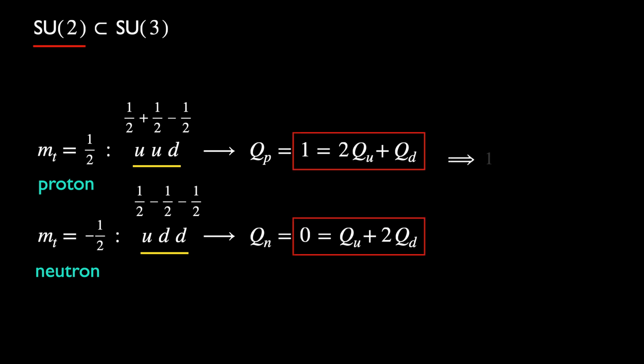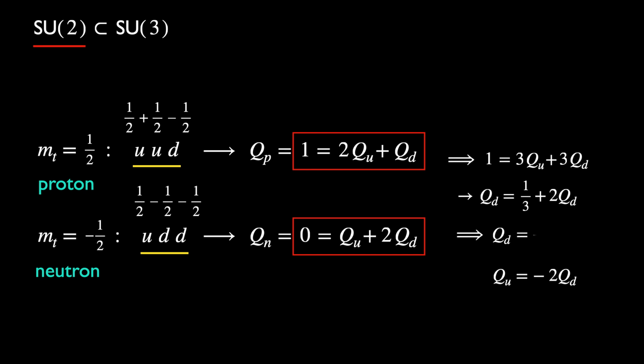The sum of these two equations gives, which leads to eliminating Qu with the second equation. This implies that the down quark has a charge of minus 1/3 in units of the charge of the electron.